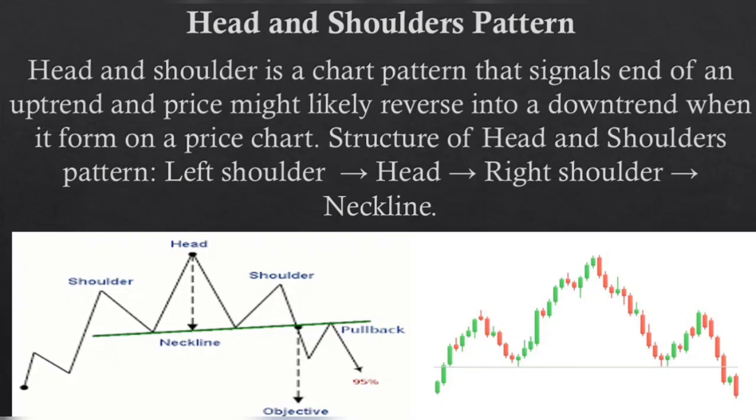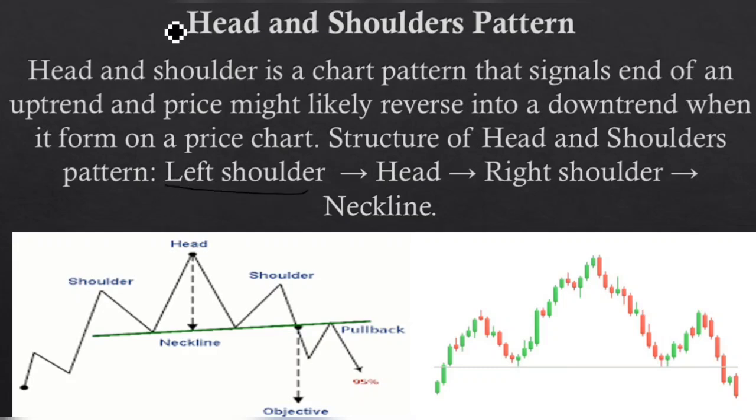So for head and shoulder pattern, head and shoulder is a chart pattern that signals end of an uptrend and price might likely reverse into a downtrend when it forms on the price chart. Now the structure on how to trade this pattern is simply, now what you need to know is it first forms a left shoulder, right?